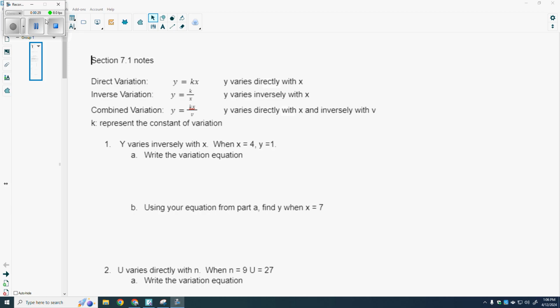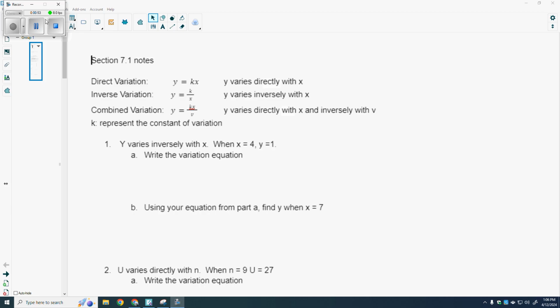The first thing we're looking at in 7.1, this idea of two variables being directly related or varying directly. So the equation at the top, if two variables have a direct variation relationship, then it'll be y equals k, some constant, times x.